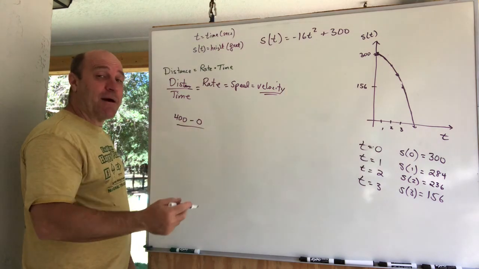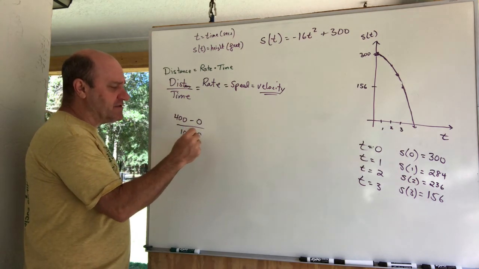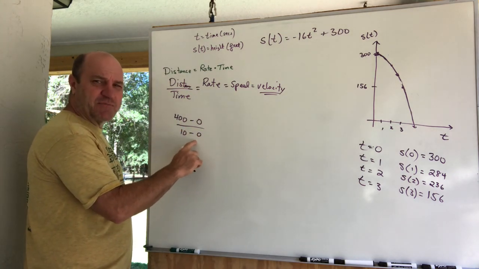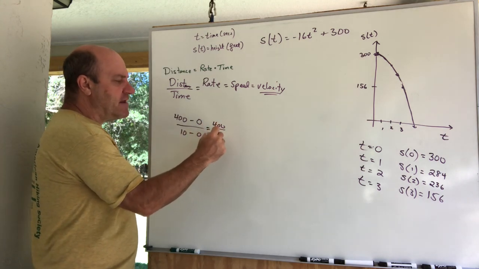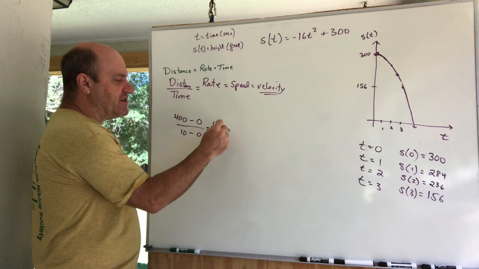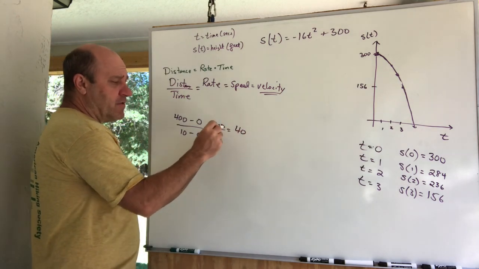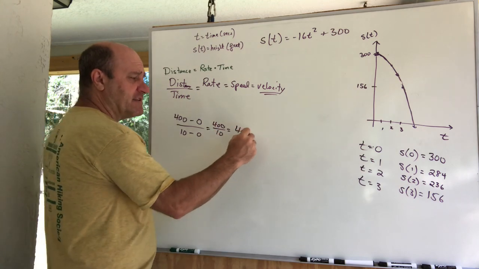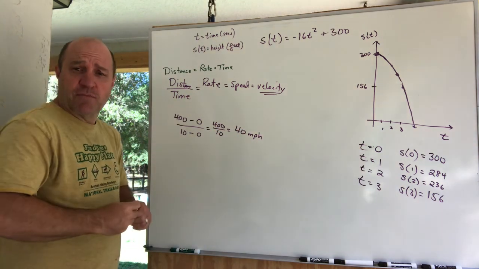It took me 10 hours, so when I arrived, that was 10 hours. When I left, it was 0 hours. So again, I'm subtracting a couple of times. But all that is 400 over 10, which is the change in the distance over the change in the time, and that's 40. And remember, it was miles over hours, so that's miles per hour. And that's my speed, or my velocity, or my rate.